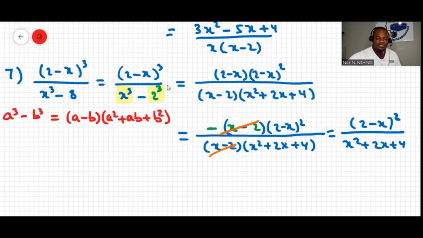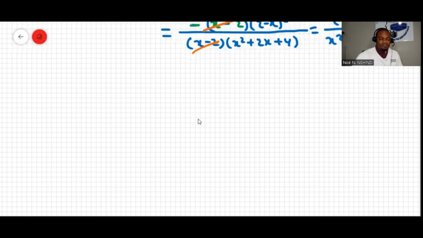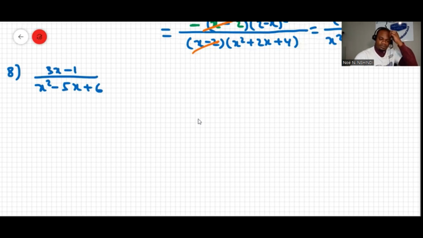Now we can do question 8. Question 8 says x squared minus 5x plus 6 under 3x minus 1, minus x minus 3 to the power of 2 under x.